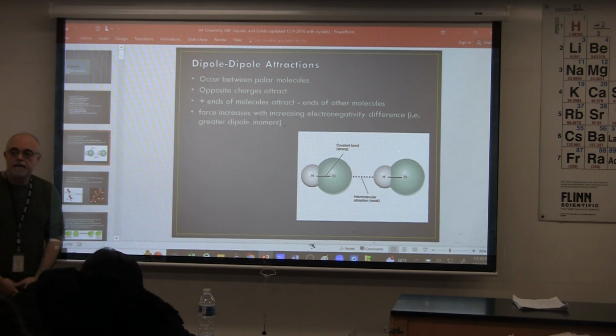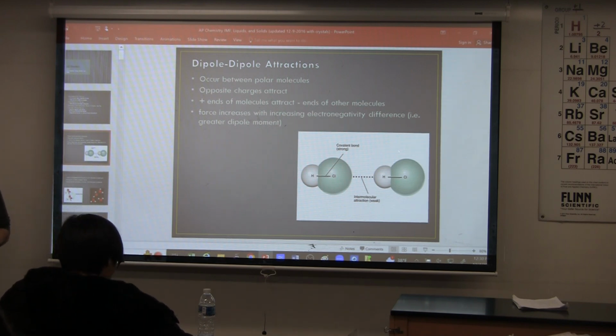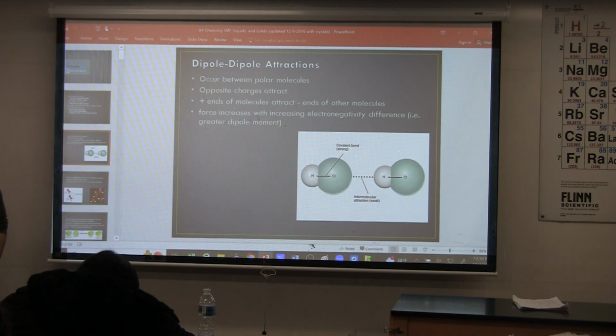So ultimately, the more polar the molecule, the stronger the dipole attractions will be. That's the key. Making sense so far? Anything too crazy?